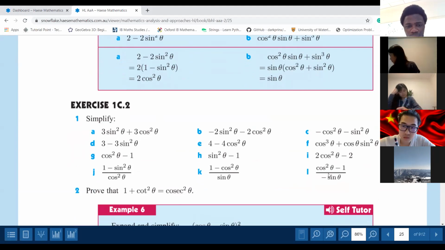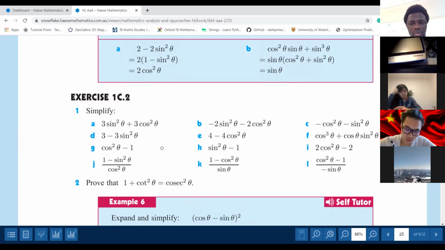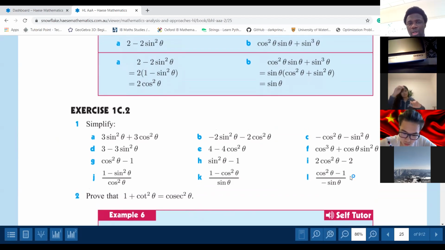Okay, A, E, I, L. Everybody, quickly simplify A, E, I, L. You have all the identities that you need.